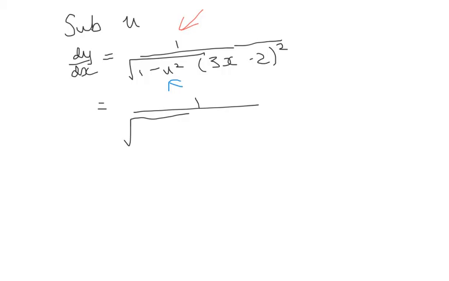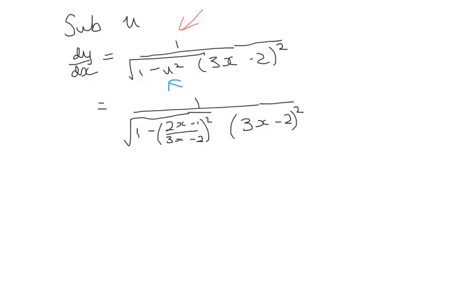Square root of 1 minus 2x subtract 1 over 3x subtract 2, all squared. So it looks a bit messy, but this is the answer for the derivative.